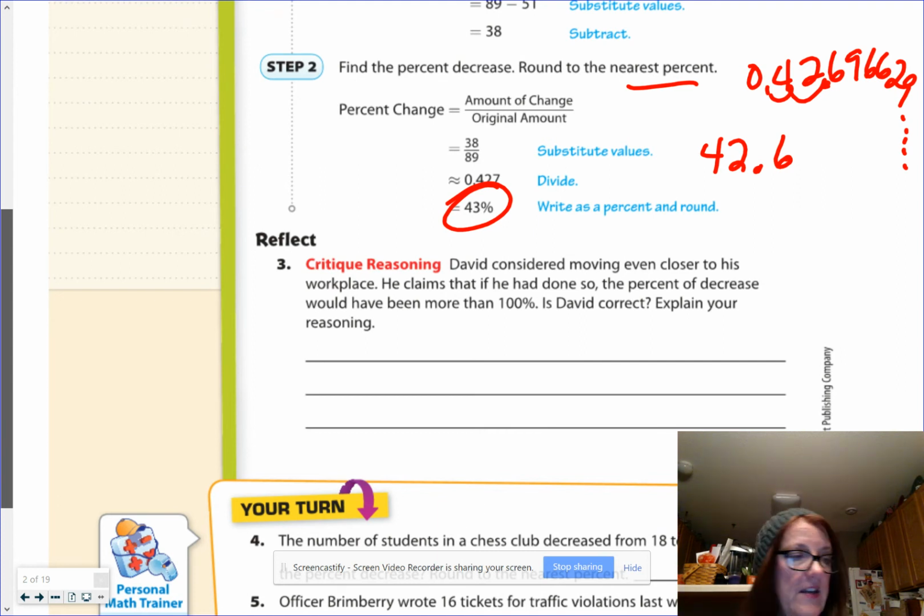Let's see. If David decided to move again even closer, he claims that if he had done so, the percent of decrease would have been more than 100%. Is David correct? Well, let's hold on.